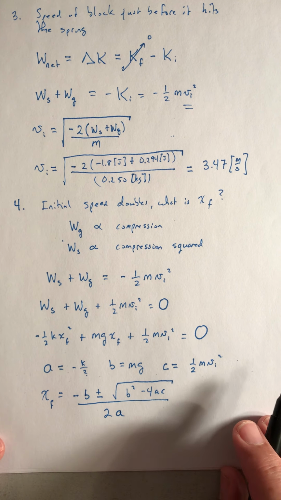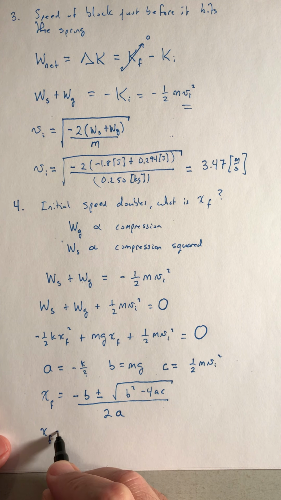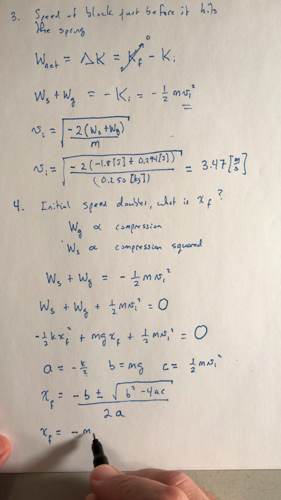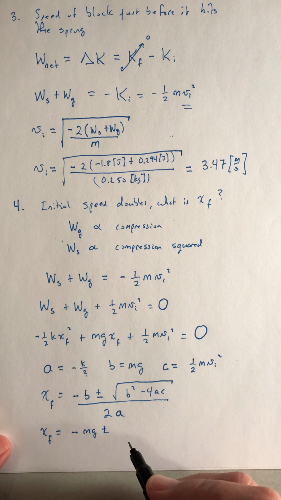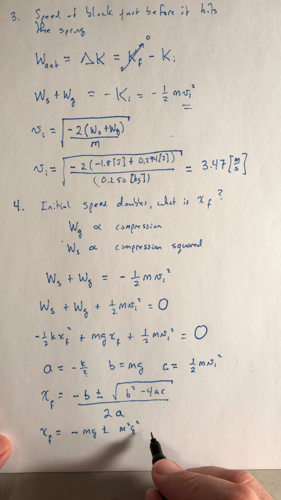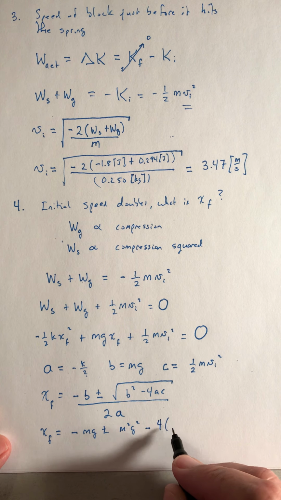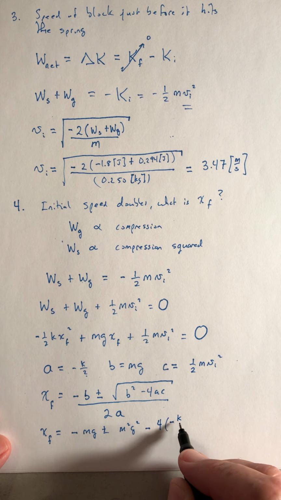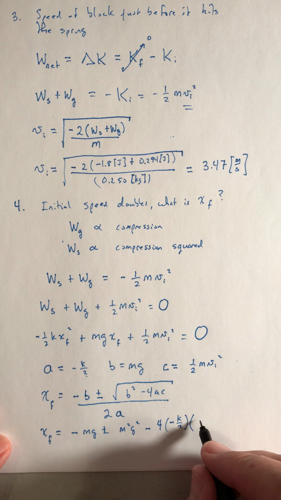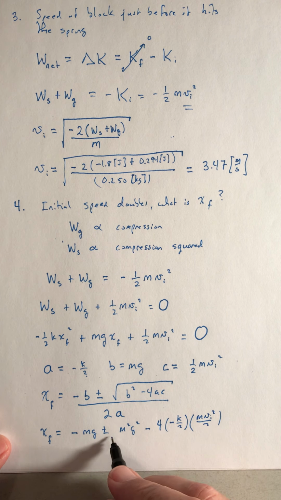Substitute in what those are. X final is equal to minus mg plus minus the square root of m squared g squared, minus 4 times minus k over 2, times the c term, which gives me m v initial squared over 2.